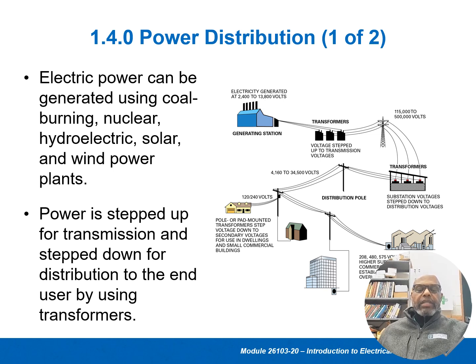Then they step it down at substations and in the cities, dropping the power to a lower number. Before it gets to the house or business, they step the voltage down again. Instead of running thousands or tens of thousands of volts, the residential, commercial, or even industrial buildings operate at a lower, safer voltage.